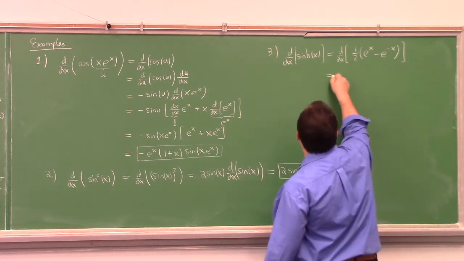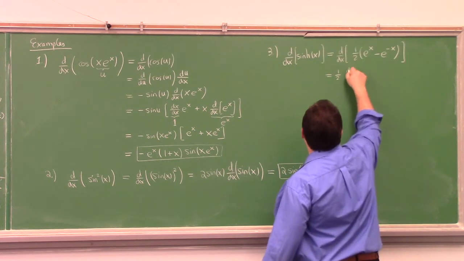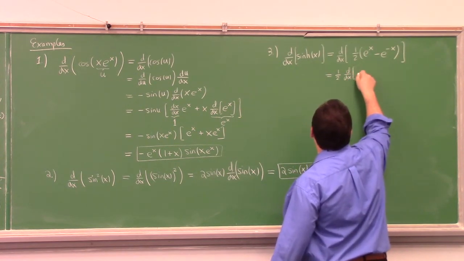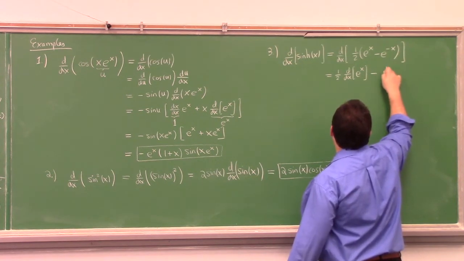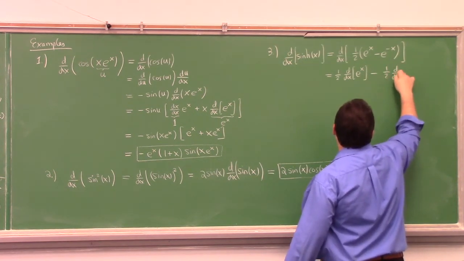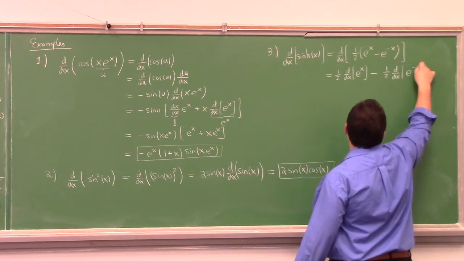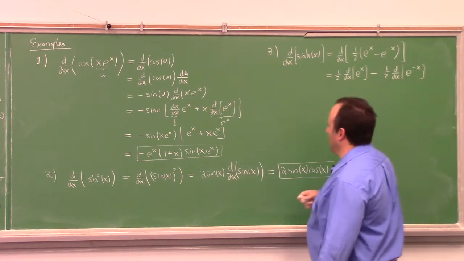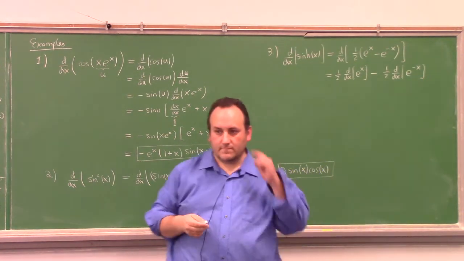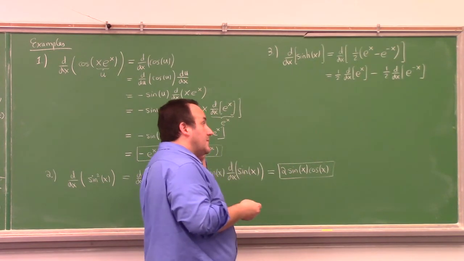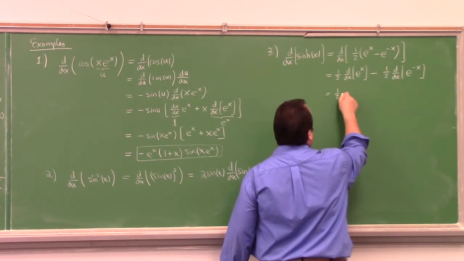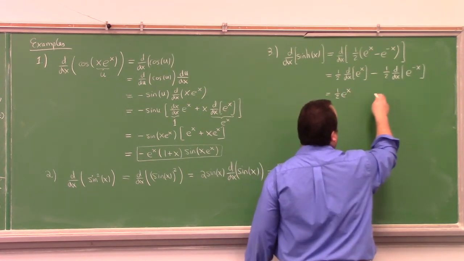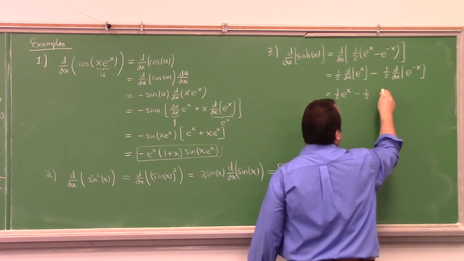So I use linearity here: 1/2 d/dx of e to the x minus 1/2 d/dx of e to the minus x, right? So what we got? We got 1/2 e to the x minus 1/2.